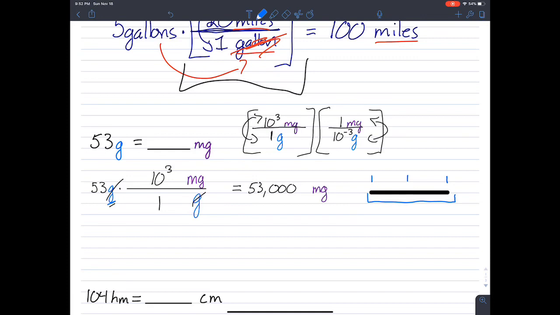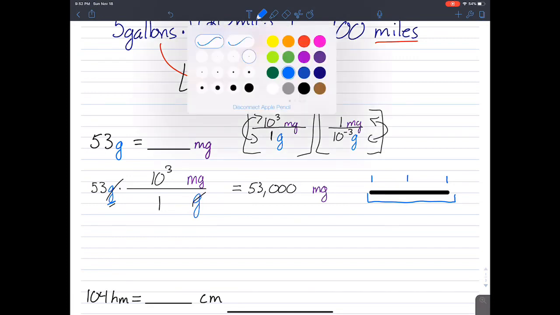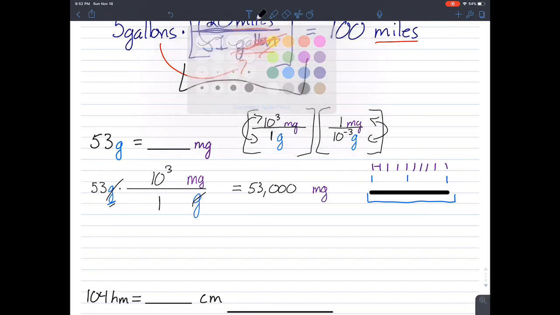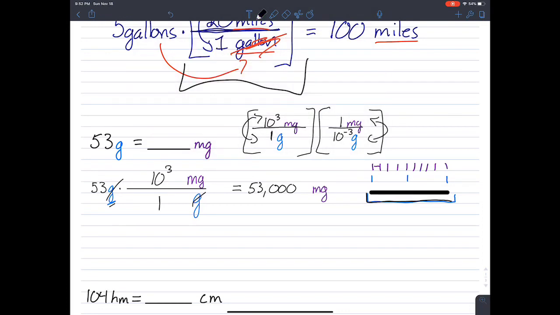In this case, grams is the larger unit, we know that. So this is how many you get. And then you go and you measure it in a smaller unit, like milligrams. And instead of just being those few, now you have all these lines within here, because you're measuring with a smaller unit. These are smaller than the bigger ones. However, you're measuring the same thing. The line doesn't change that you're measuring, it's just your units.